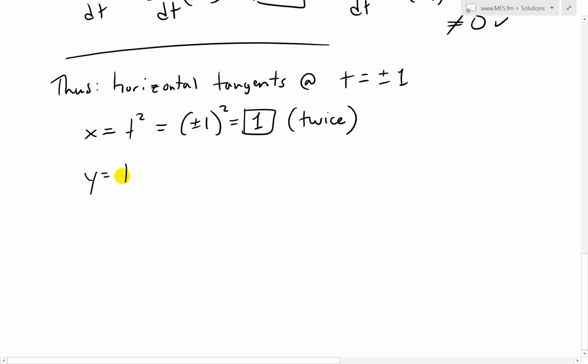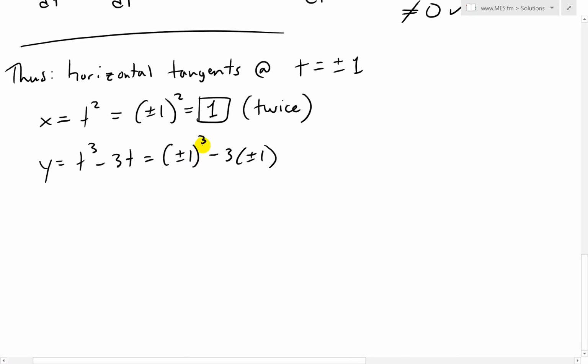Now what we want is the y, which equals t cubed minus 3t. This equals plus or minus 1 cubed minus 3 times plus or minus 1. Since it's cubed, if we have a negative, it stays negative, so the first term is still plus or minus 1, because 1 cubed is just 1.